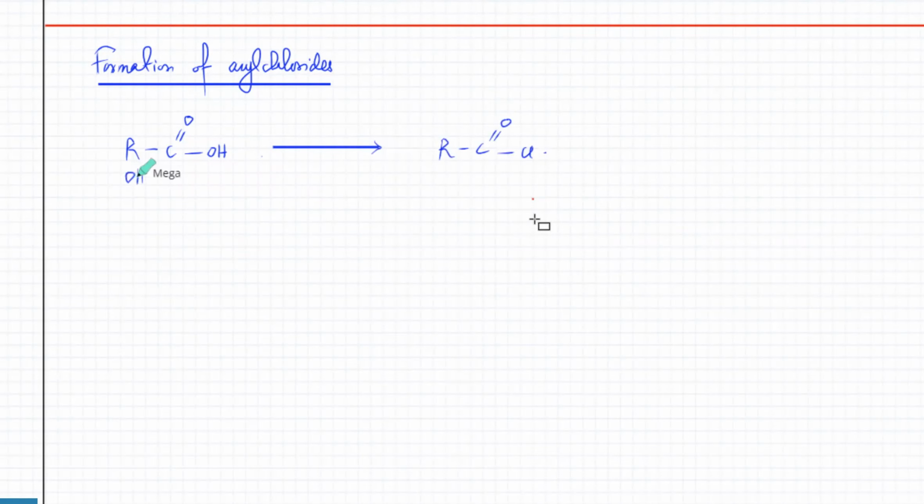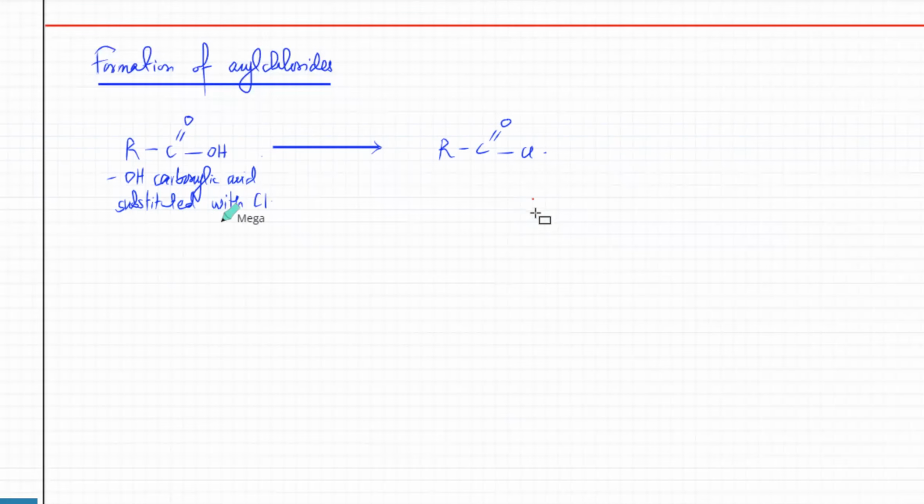The OH in the carboxylic acid is substituted with Cl. That's the summary of the reaction. And how do you do that?